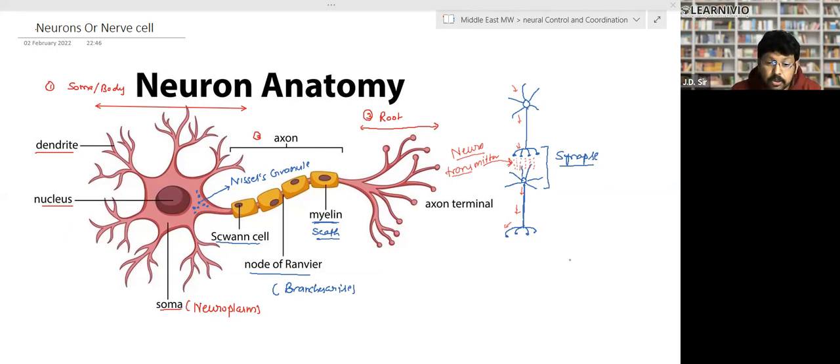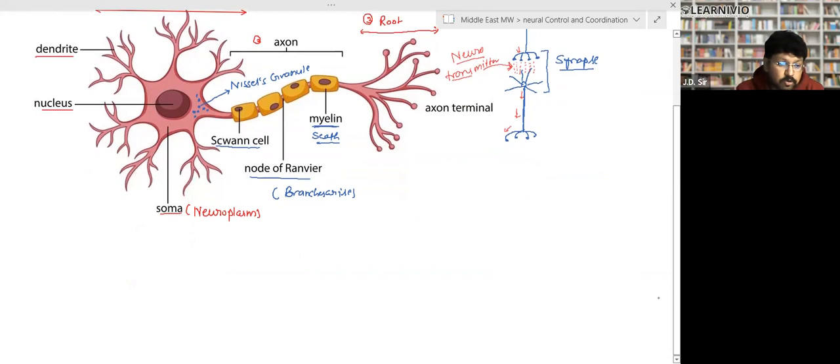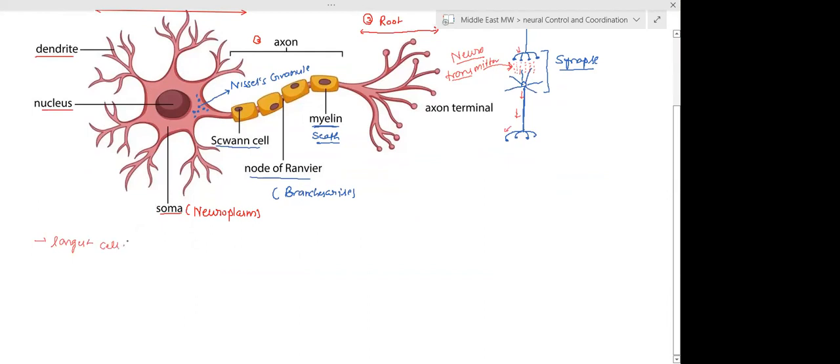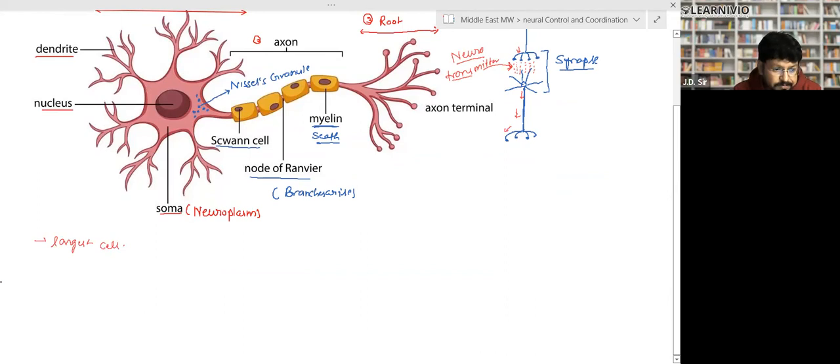I'm sorry, not largest, the longest cell of the body. Full stop. The human neural system has approximately 100 billion neurons.